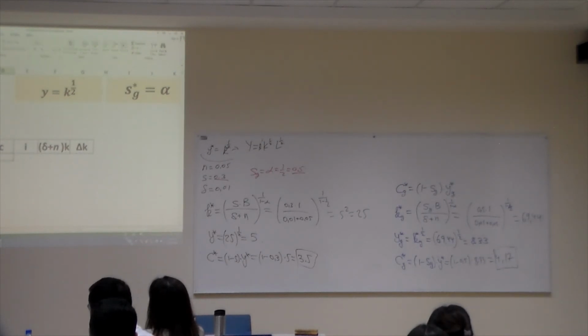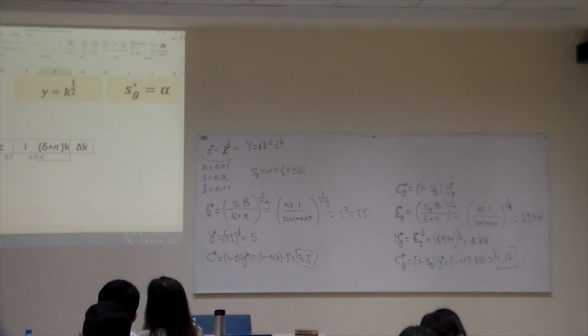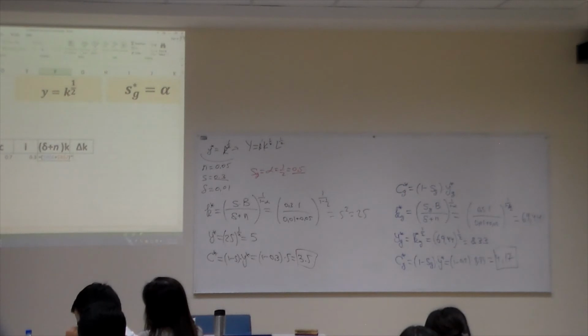And consumption is equal to 1 minus saving rate, which is 30% constant, times output. And investment is equal to saving rate, which is 30%, keep it constant, times output. And now depreciation is given as 1%, which is constant, plus growth in population, again constant, times capital.